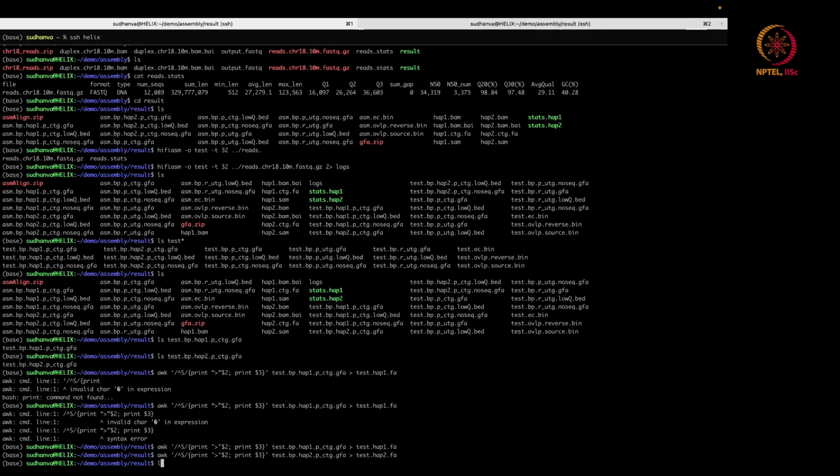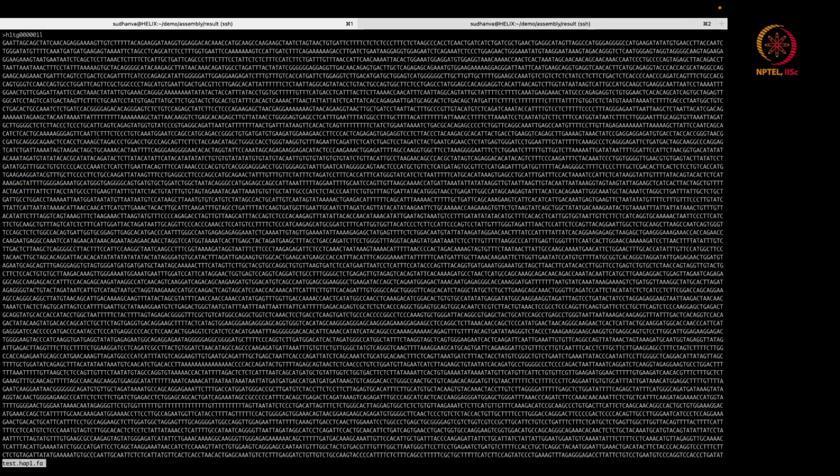Let us take a look at the contigs that we have obtained. So, we see a contig labeled H1TG1L. Let us look for another line which starts with the same.